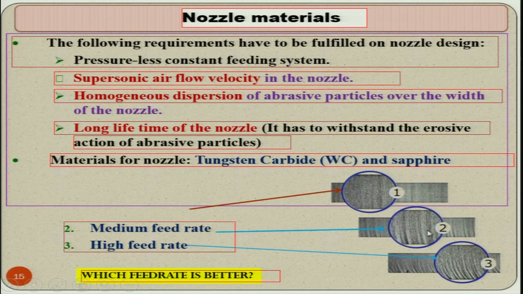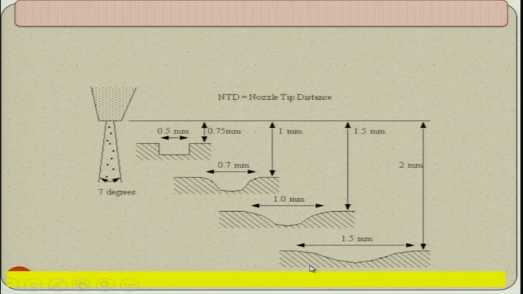Here they are less because you have the medium feed rate, but when you have the low feed rate, such irregularities are not obtained. So, depending upon your requirement, how good a surface finish and what kind of accuracy you need, you have to choose whether it should be a low, medium or high feed rate. Which feed rate is better will be decided based on the requirement of the component.